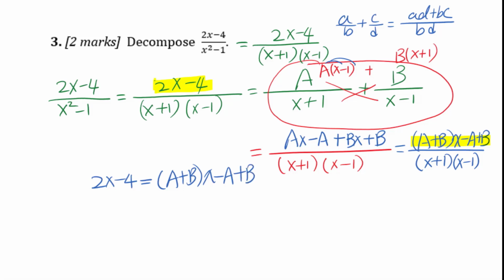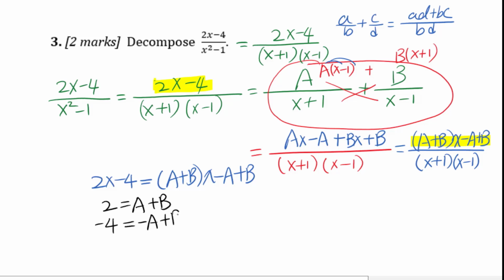The coefficients of x are equal to each other: 2 equals a plus b. The constant numbers equal each other: negative 4 equals negative a plus b. Adding so that we can cancel a, negative 2 equals 2b.